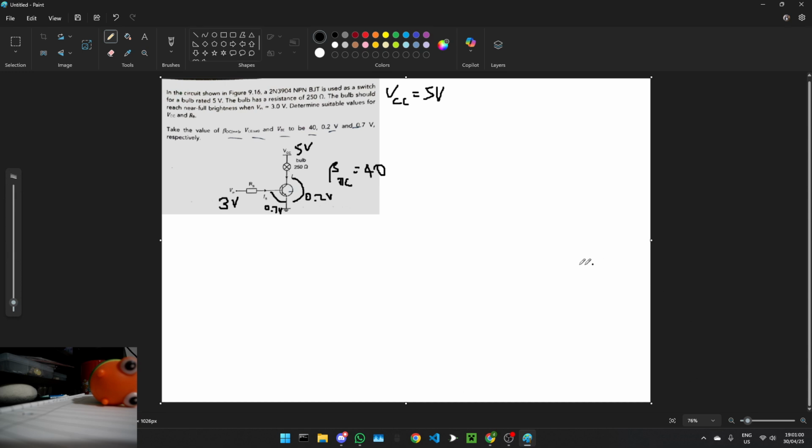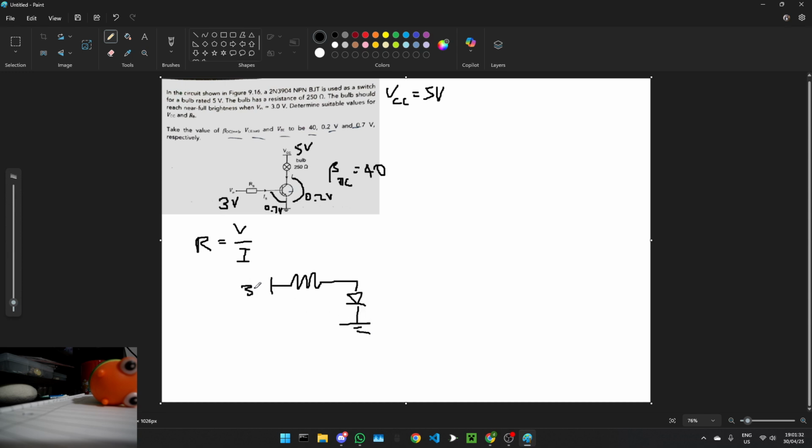Okay, anyway, that's all the information that is given to us, and then we define RB. So how can we find RB? We know R is equal to V over I. If we take a look at this part of the circuit, we have a resistor, and then we have a diode.